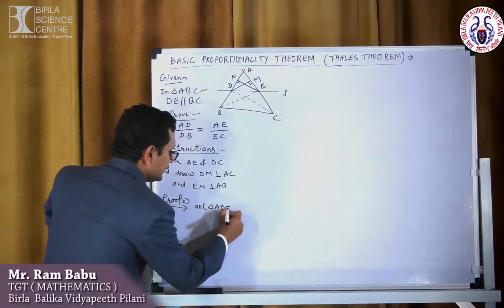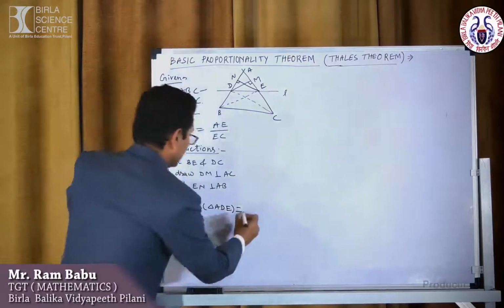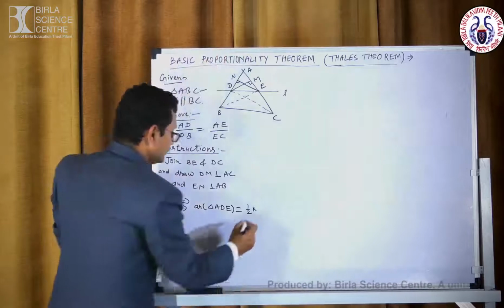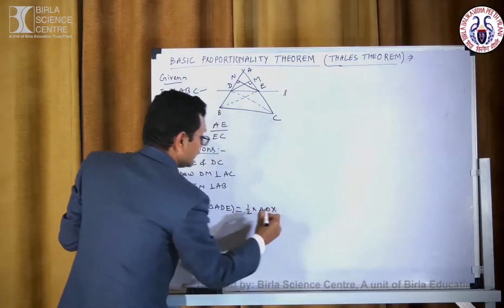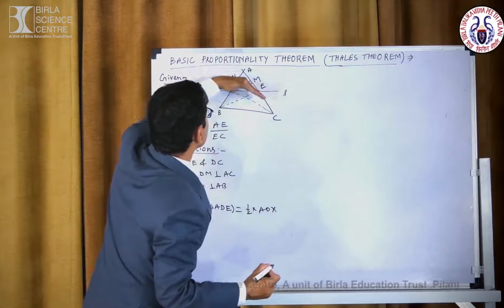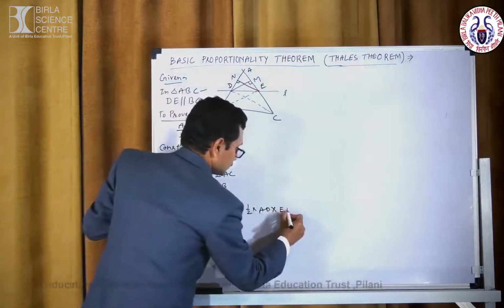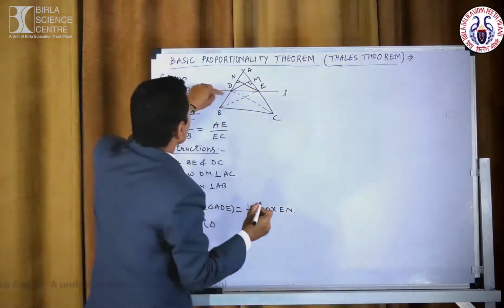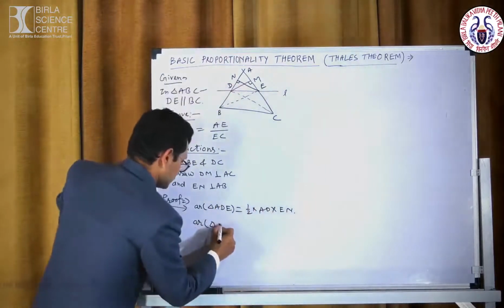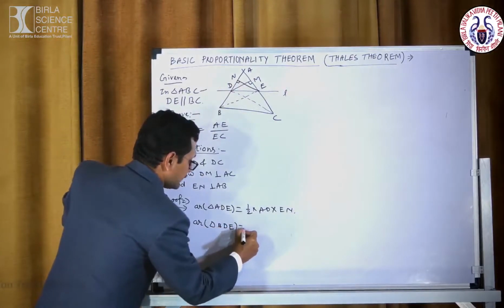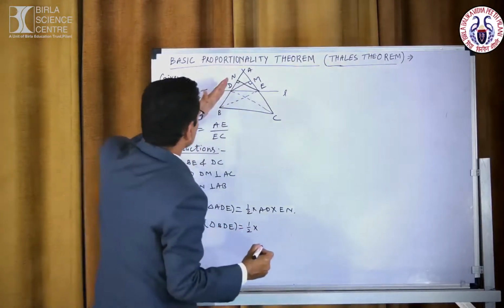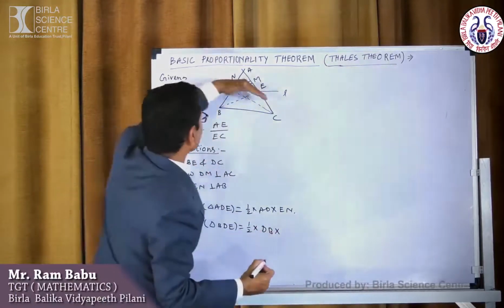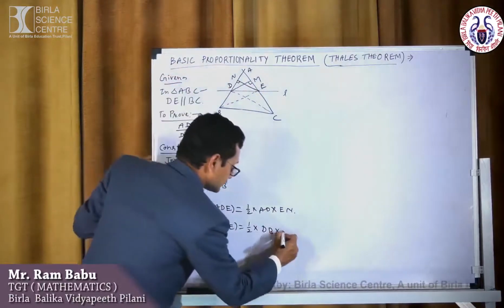Area of triangle ADE is half multiplied by base AD, then perpendicular height is EN, and area of triangle BDE is equal to half, base is DB, and perpendicular height is again EN.